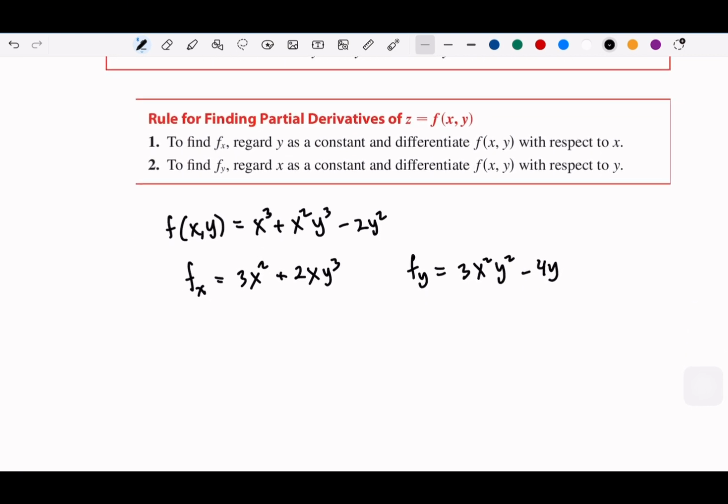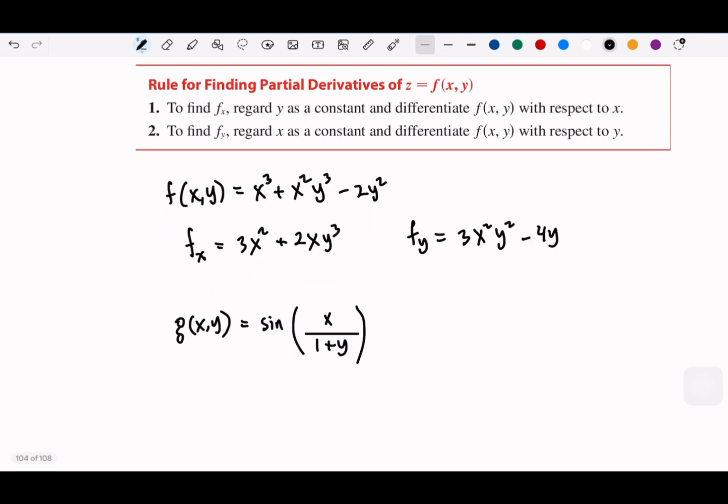Okay. Now let's say we have another function g, and let's include the trigonometric. Okay, now we have sine, and then inside the function is x over 1 plus y. Now we make it a little complicated.